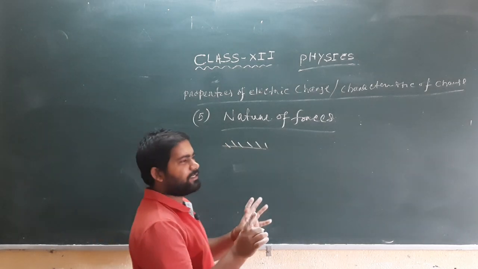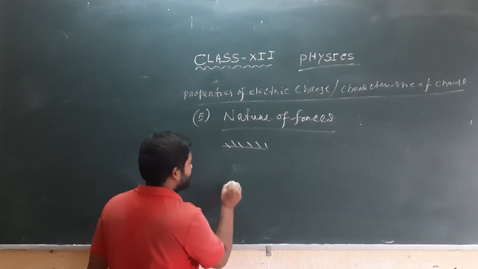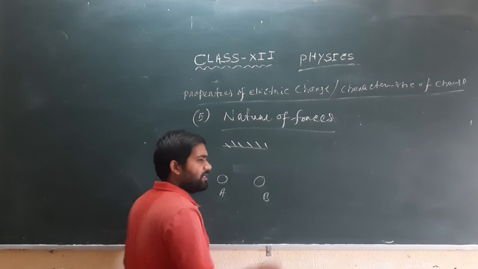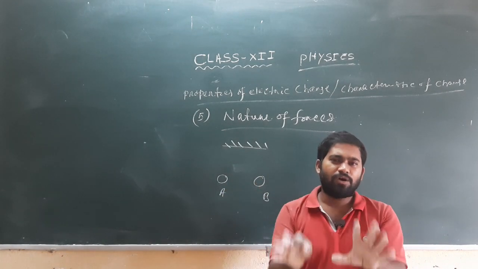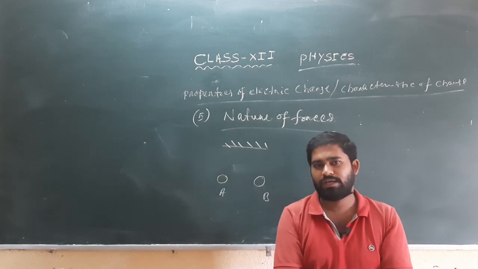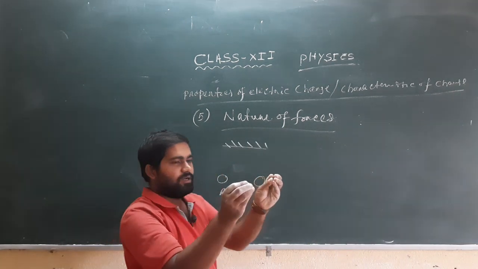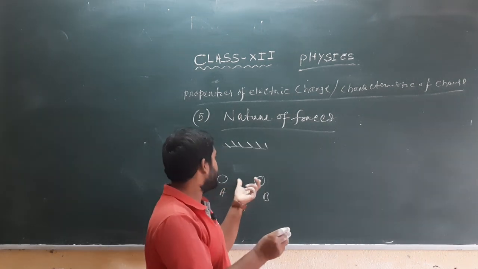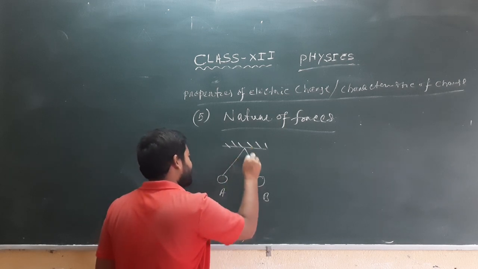two different glass balls. One glass ball is A and another glass ball is B. Suppose both the glass balls are rubbed with silk. And after rubbing we attach them with the help of fine threads.